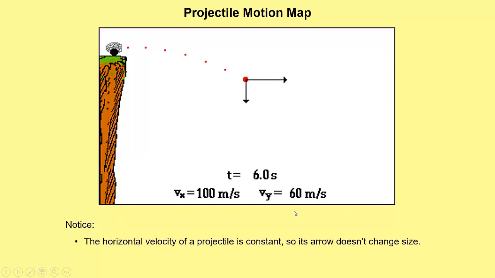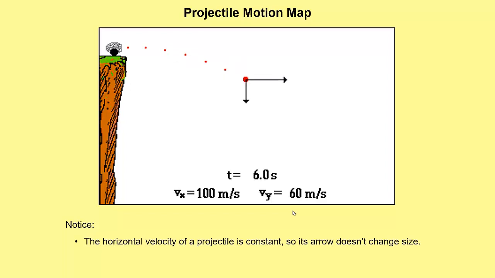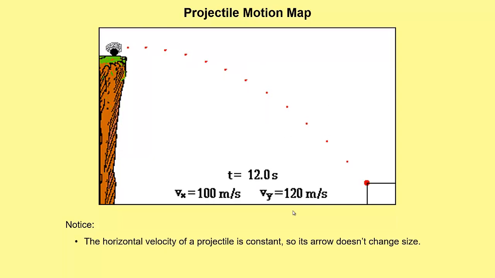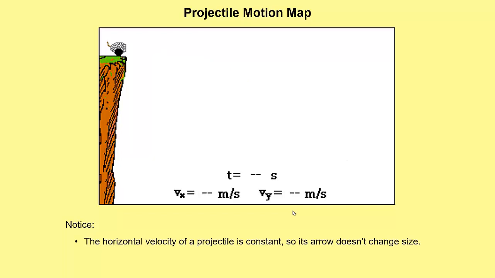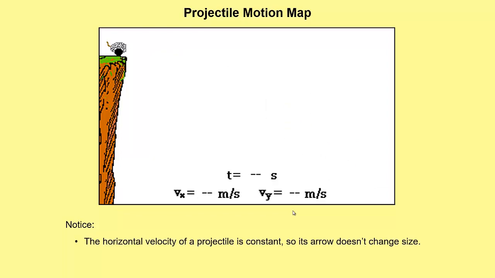There is no vertical velocity initially. This is our special case. If something is projected, kicked, thrown, whatever, horizontally to start out with, its initial vertical velocity is 0, because if something's shot horizontally, there is no vertical in it. Now, it doesn't stay that way because gravity's acting vertically, and that makes it accelerate vertically, but it starts out that way.